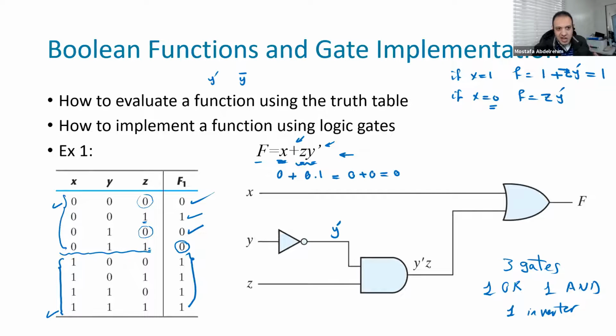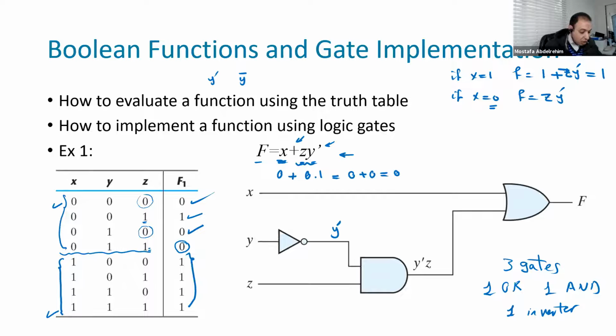We will just count ANDs and ORs, and we will usually ignore the inverters. So we need here two gates, an AND and an OR gate. Basically, yes, we need an inverter, but in the future we'll just ignore the inverters. We'll be more concerned about the number of AND and OR gates.